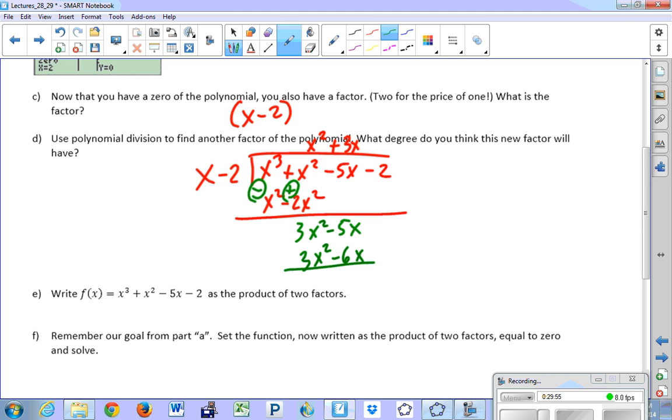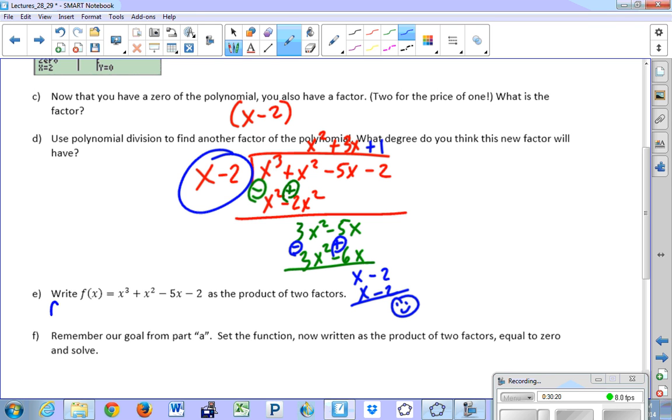I change both signs to subtract. I get x minus 2, thank goodness. When I multiply 1 by the divisor x minus 2, I get exactly the same, and I get a big happy face because I know x minus 2 divides that evenly, since I've been told it's a factor.